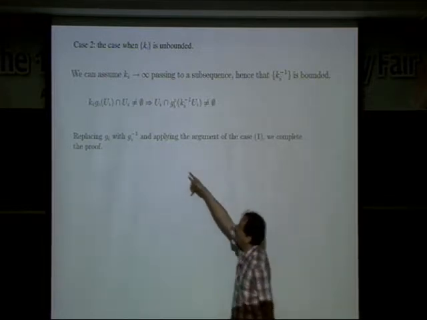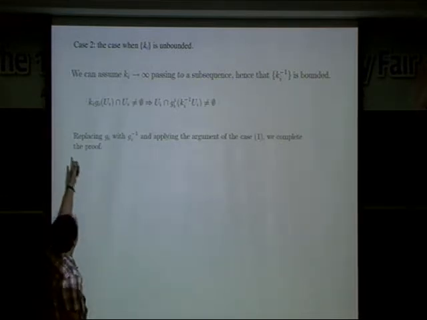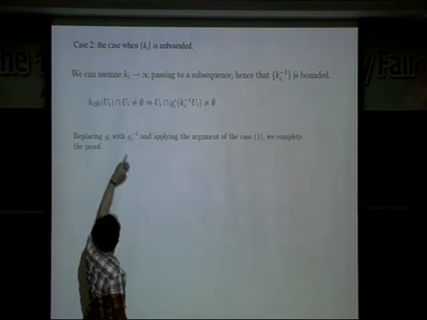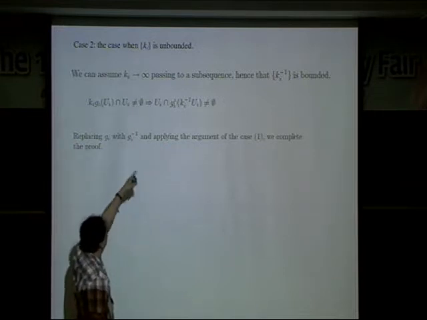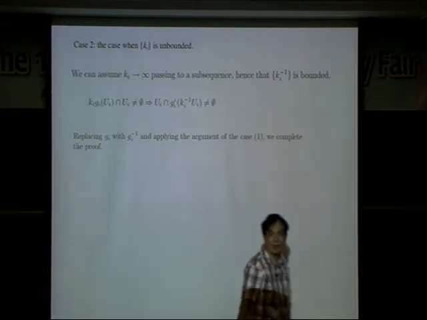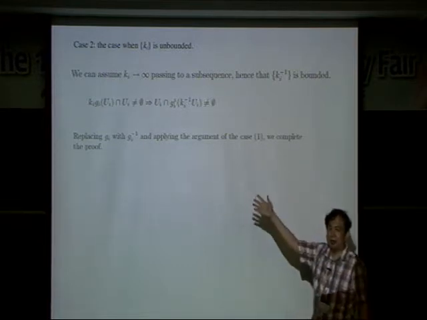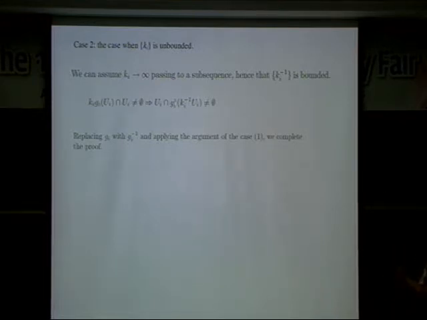So if k_i g_i U_i intersects U_i non-trivially, then just consider the inverse of k_i and the inverse of g_i, and what you get is something like this: U_i intersect g_i inverse k_i inverse U_i is not empty. So instead of k_i, you consider k_i inverse. Because we are assuming k_i is unbounded, after taking a subsequence you can assume that k_i inverse is bounded.